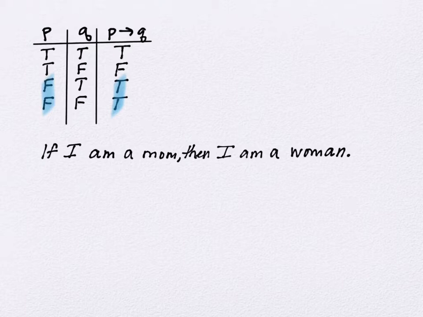Unless I have a reason to doubt that my kids are lying, I'm going to hopefully believe that they're telling me the truth. So if a statement starts out false, if the hypothesis is false, then the conditional is still a true statement, always.